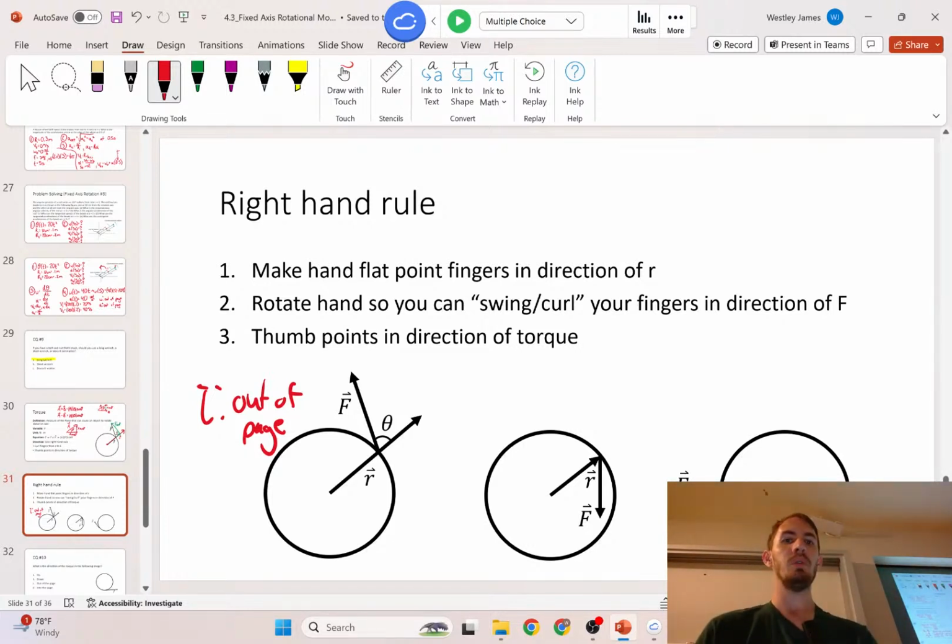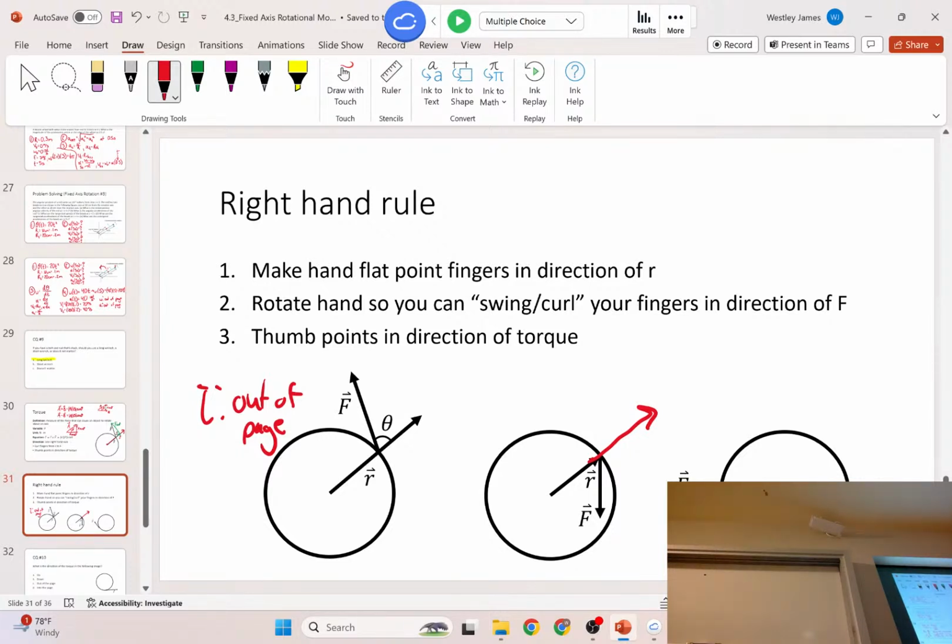All right, so the key to this one is to make that radius vector a little bit bigger, because as it stands, you might make a mistake. So we point our fingers in the direction of R, which is up and to the right still. I make my palm point roughly in the direction F is, so I can swing my fingers all the way around. Look at that mobility. Again, if you do it the wrong way, it ain't happening.